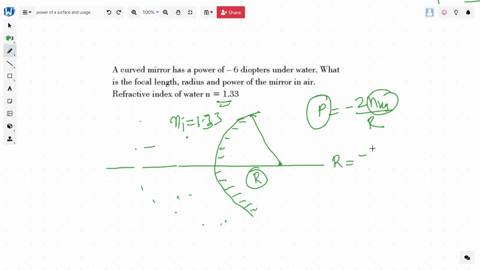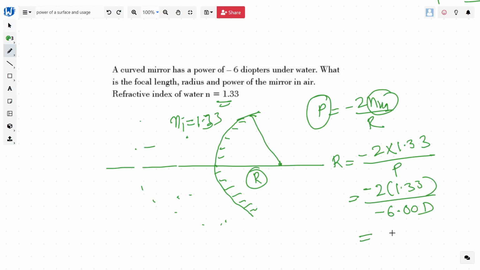R is going to be equal to minus 2 into nm, which is 1.33, divided by P, which is minus 6, and minus minus will cancel, and basically we get 44.33 centimeter positive, right, as we expected. On this direction this is positive, so R is equal to plus 44.3.